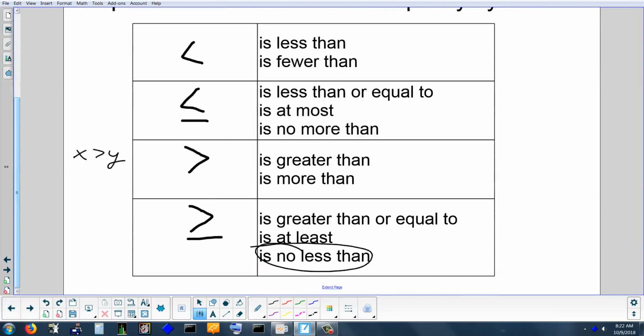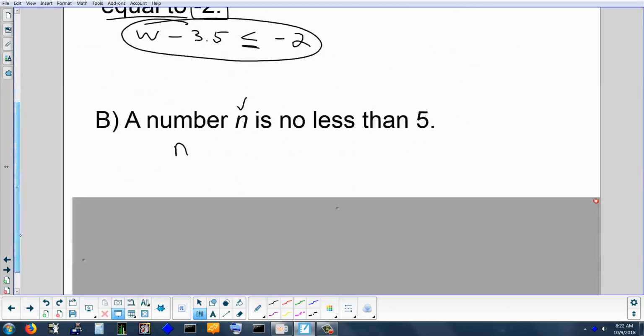That's a little weird to say it that way sometimes. But it's like if I sent you to the store and you asked how many bolts I need, and I said, don't get me less than 10. That means get me at least 10, 10 or more. It's just a different way to say it. So, greater than or equal to.